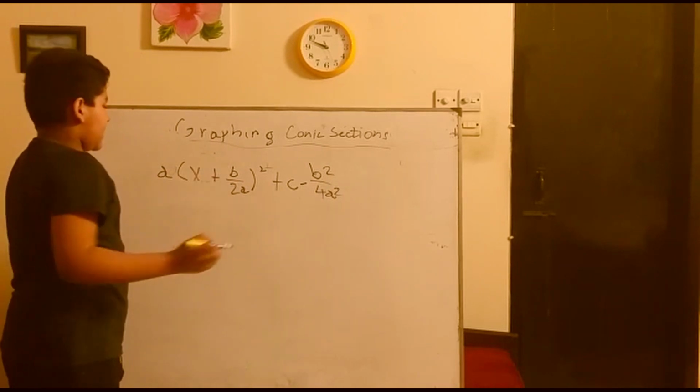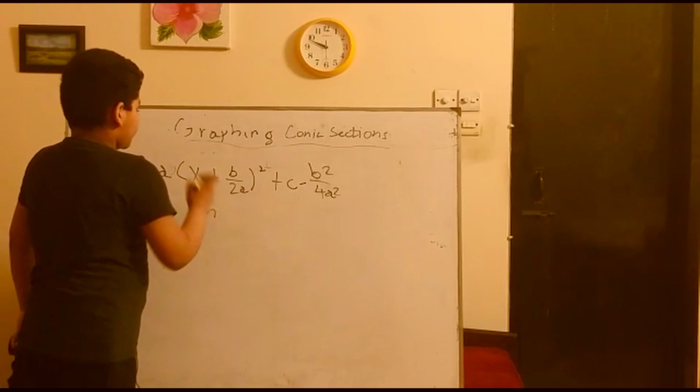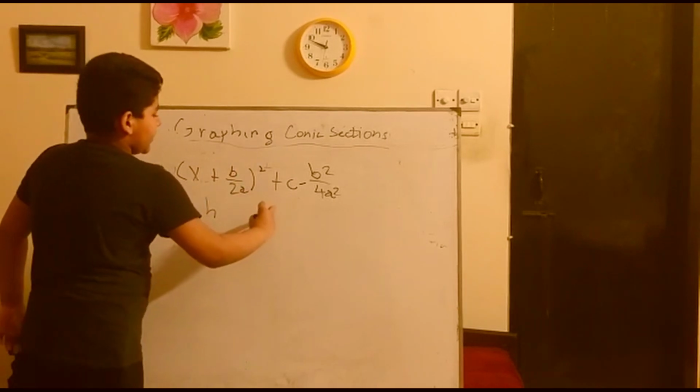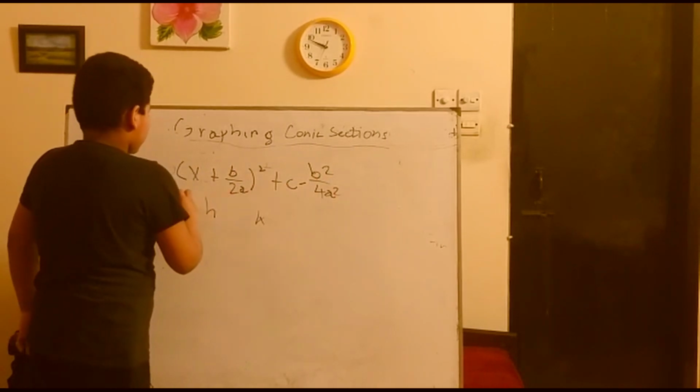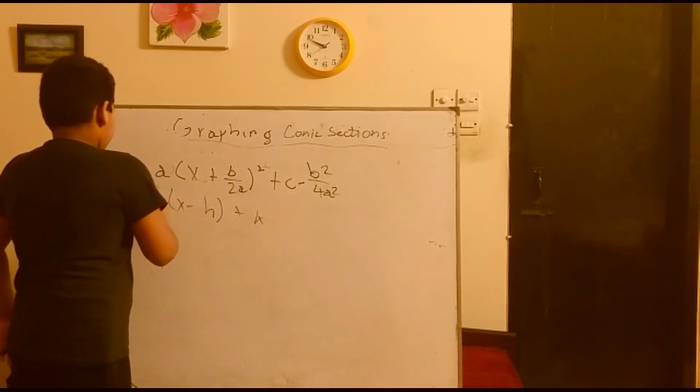Now, by that, we have the vertex form. We have our h, which is this, and we have our k, which is this. And the vertex form is this.